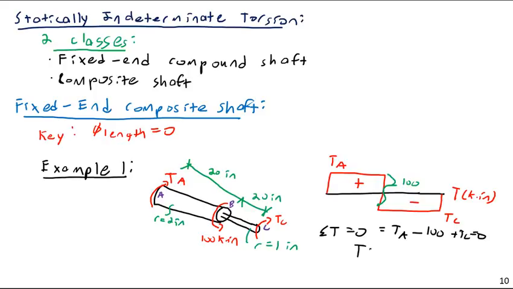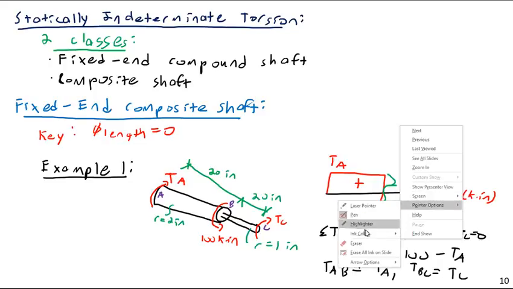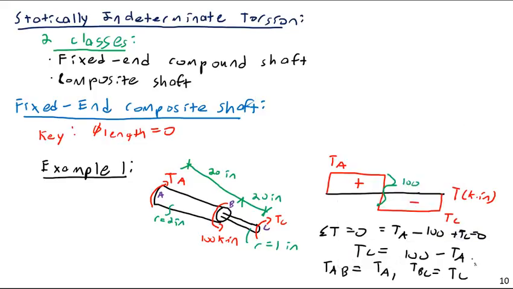So therefore, TC equals 100 minus TA, where TAB equals TA and TBC equals TC. This one right here is really going to be our governing equation, though. I'm going to call this one equation 1.